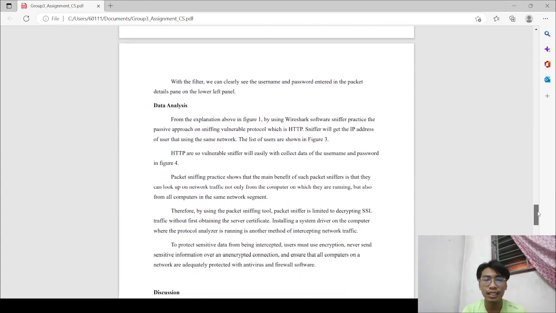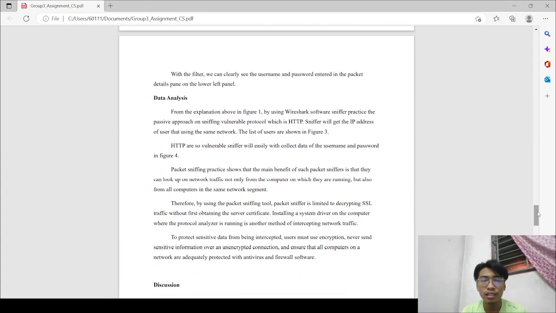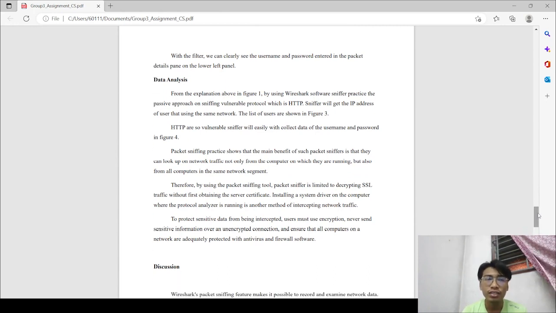So let's say when we connect to the UTHM Wi-Fi, we can check the logs of the users of the Wi-Fi, such as their IP address and what browser they are using.